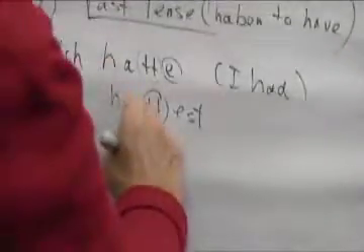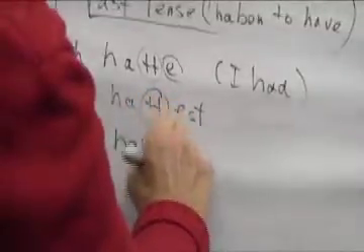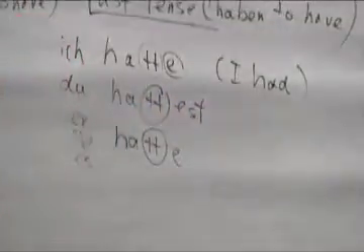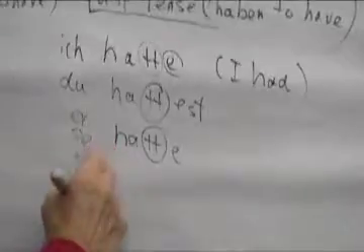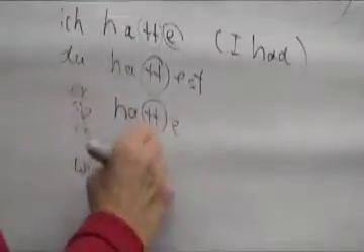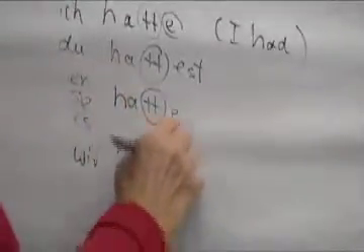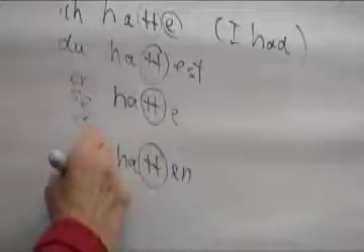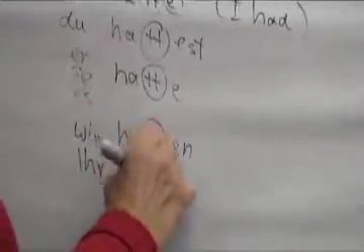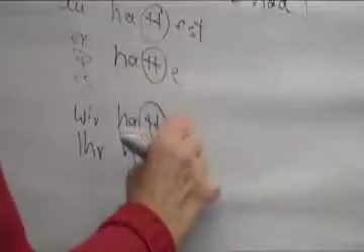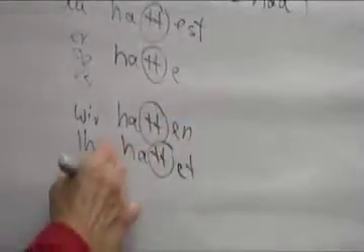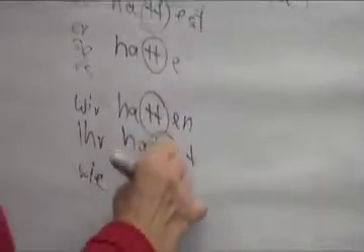You probably can guess already, it's like ich hatte, double T, and an E, and then wir hatten, ihr hattet und sie hatten.